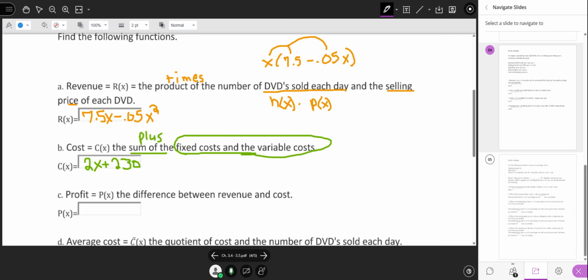Now this is probably the worst part of it. Difference between revenue and cost. So that's minus. So your revenue minus cost. So it's this one minus each piece here.